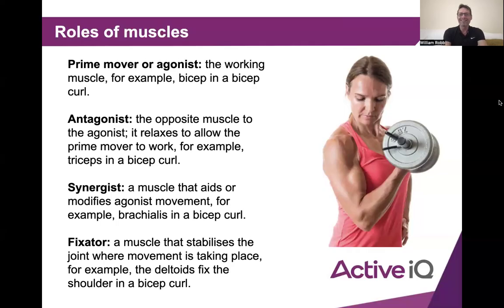Now let's look now at synergist. We see here, synergist is a muscle that aids or modifies that agonist movement. For example, when we're doing elbow flexion, it gets help from the brachialis. If you think the main muscle is the bicep brachii, the muscle that helps or assists the bicep brachii is the brachialis.